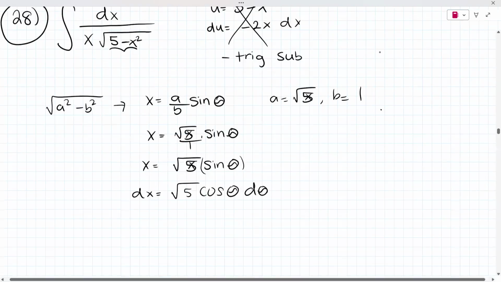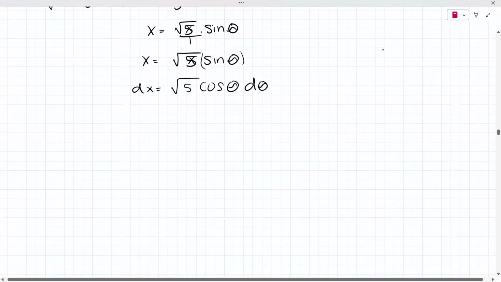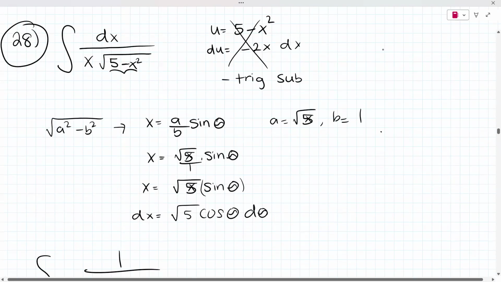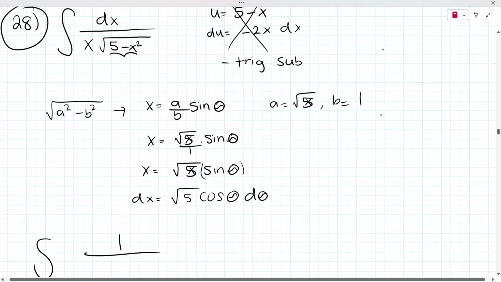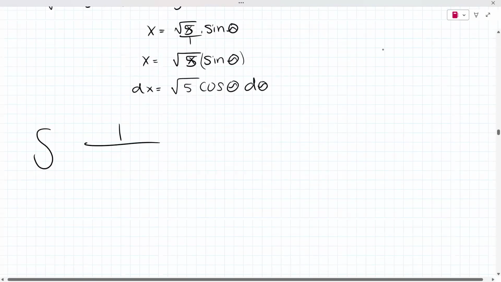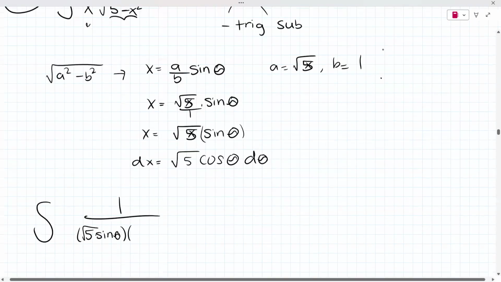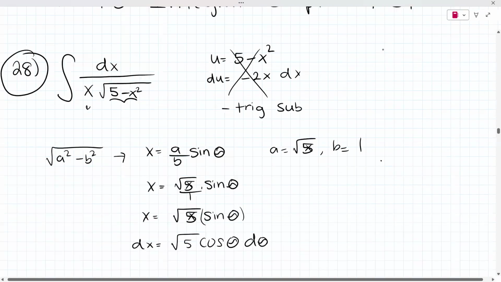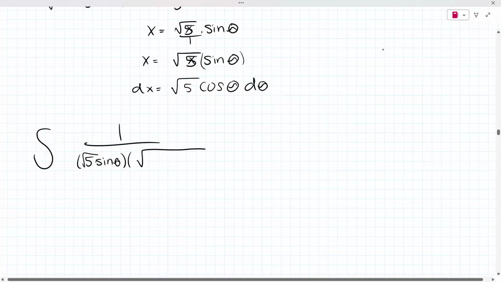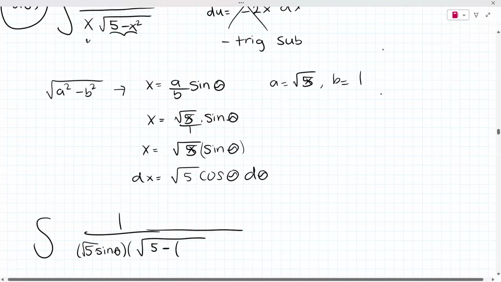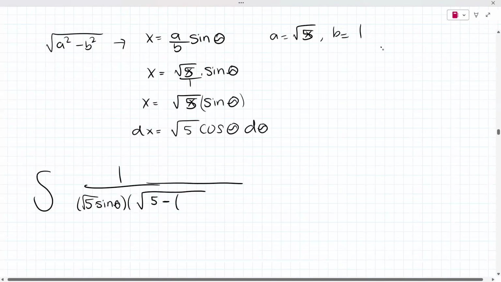Okay, so then let's continue. So we're going to have the integration of 1, and then we said our x was square root of 5 sine of theta. So you're going to replace this x with square root of 5 sine of theta, times square root of 5 minus x squared. That is going to be square root of 5 minus, and then we said we're going to replace x with this whole thing.